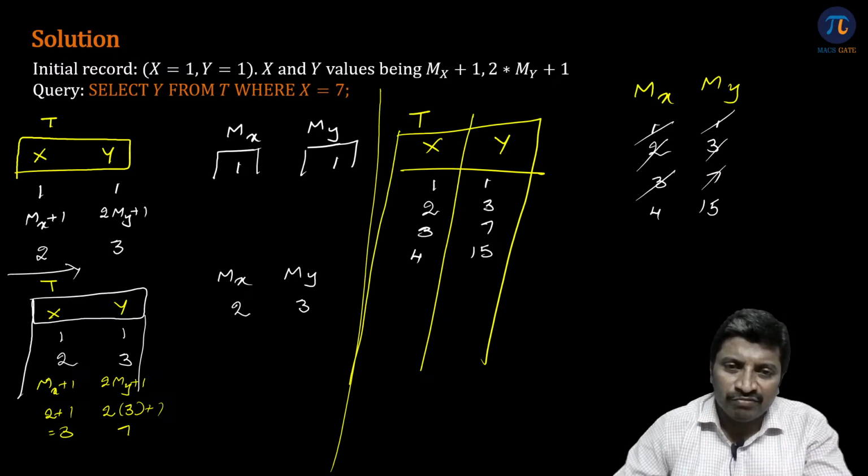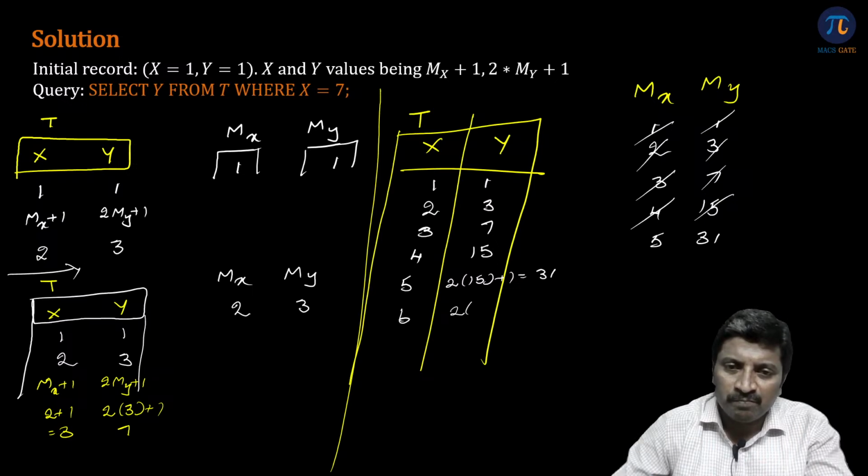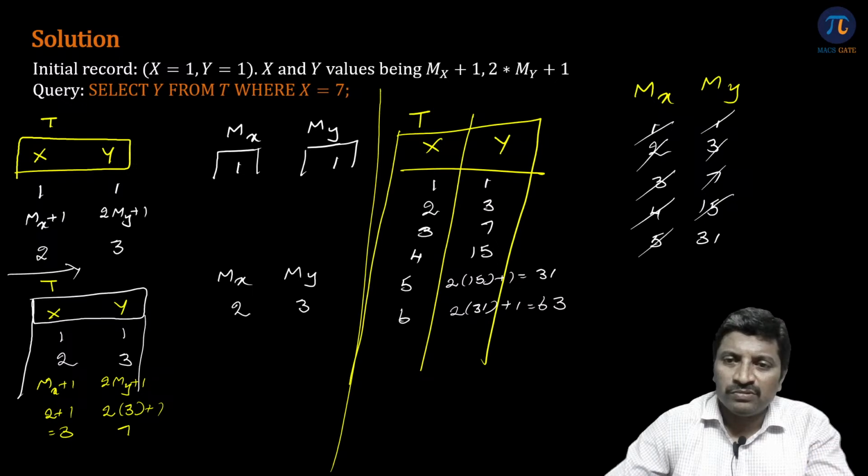The next value 4 plus 1, 5. 2 into 15 plus 1, that is 31. So the values are updated to 5, 31. Again the next value 5 plus 1, 6. 2 into 31 plus 1, which is equal to 63. So this is 6, this is 63.